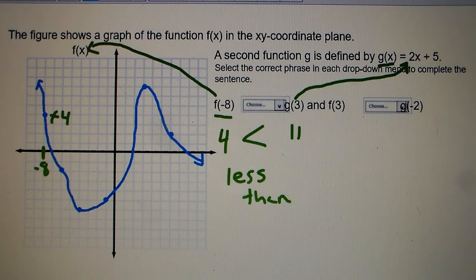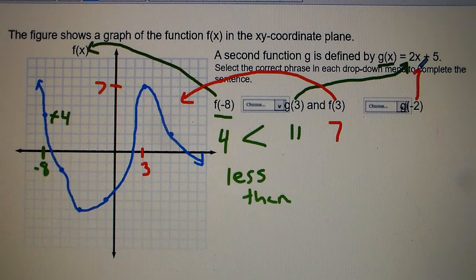Now we got f of 3. So that means we got to look over here at 3. So 1, 2, 3. The height of it is 1, 2, 3, 4, 5, 6, 7. So f of 3 is 7. G of negative 2, well, you put negative 2 in for x. 2 times negative 2 is negative 4.